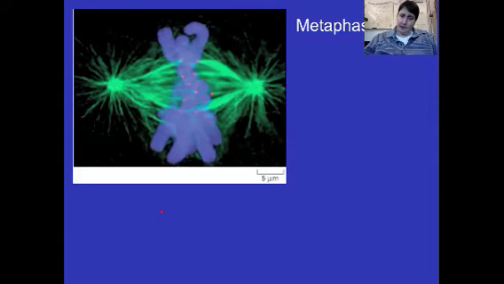Alright, and this is showing you the actual microtubules in green, the DNA in blue, and the kinetochore proteins are stained with pink. So what you see is little pink dots, and each of those has a kinetochore microtubule bound to it, and it's pulling these chromosomes apart.